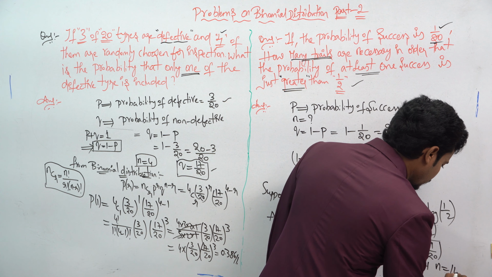So here you can see how many throws they have taken: 8 throws of a dice. Out of the dice, 5 or 6 is considered a success. P represents the probability of success, which is 5 or 6, so 1/6 plus 1/6.